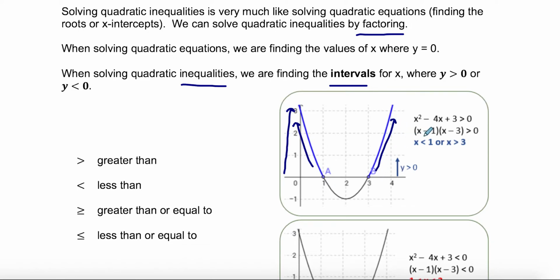So we still use our factors like we've seen before. x minus 1 equals 0, so we know x equals 1. And this factor, x minus 3 equals 0, so we know that x equals 3. Those are our intercepts. But what we're asking is, when would this graph vertically be greater than 0?